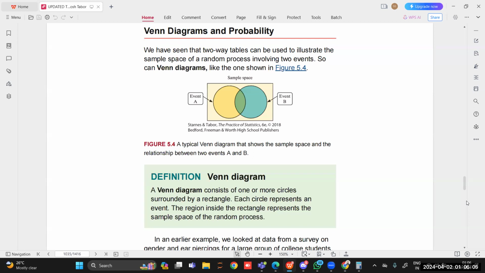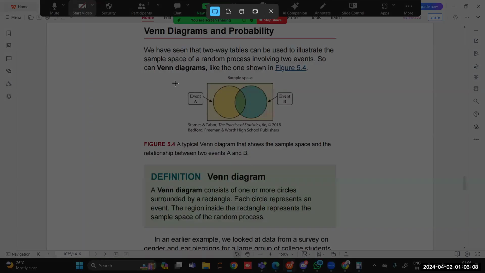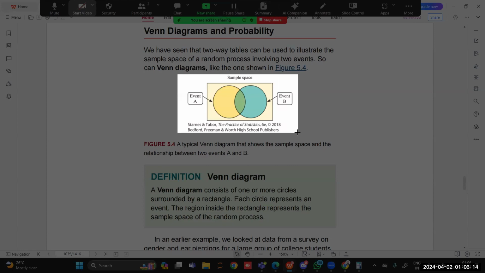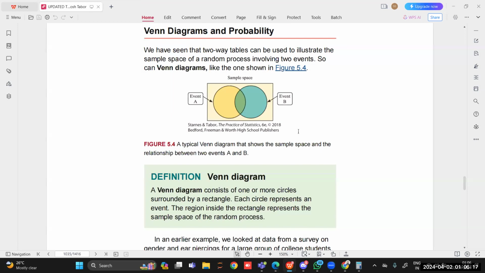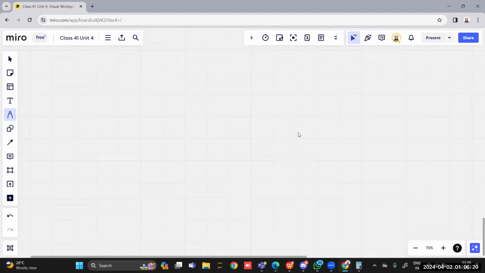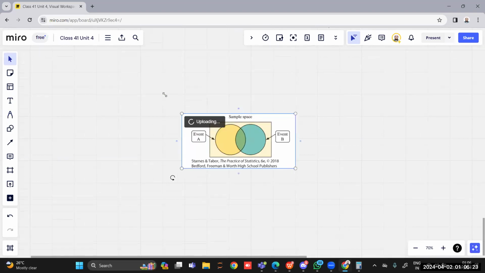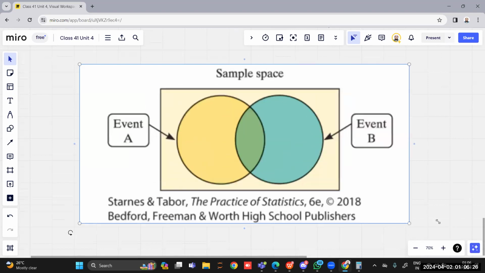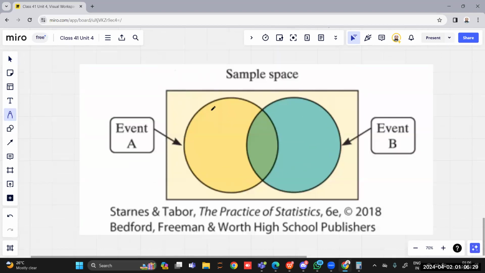So see, this is the whole A which is covered in yellow. This is the whole B which is covered in bottle green, or just green.